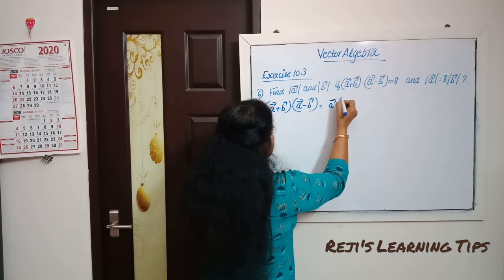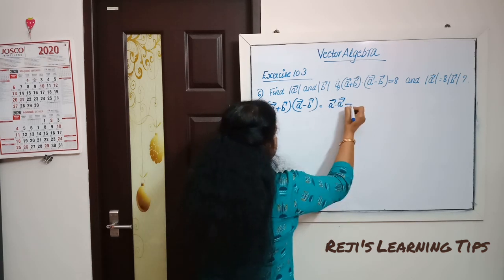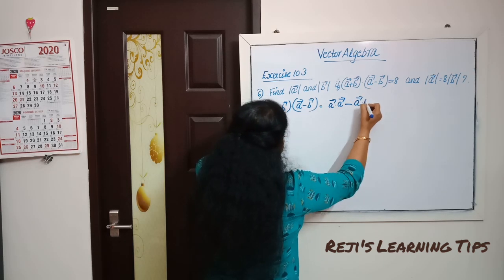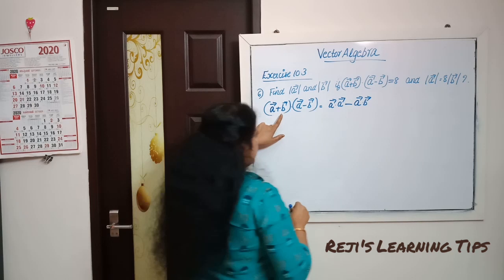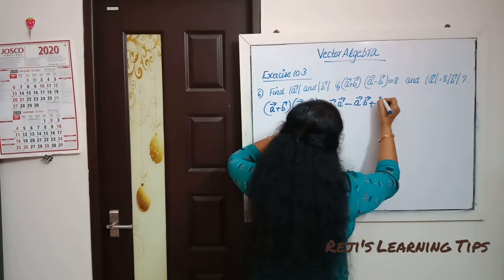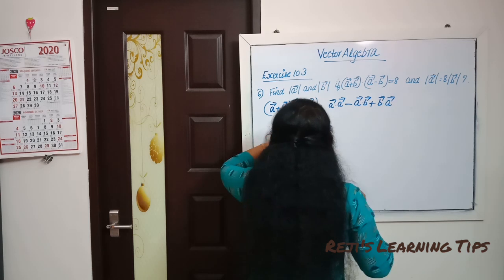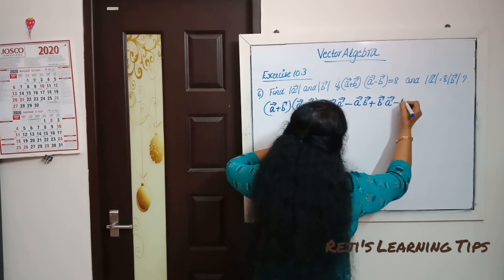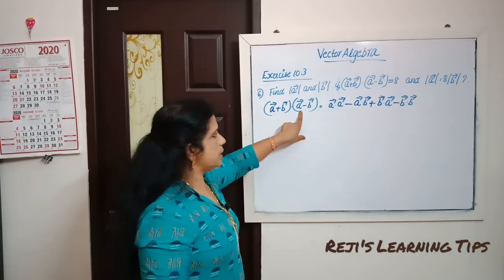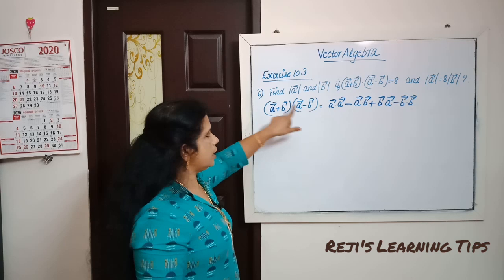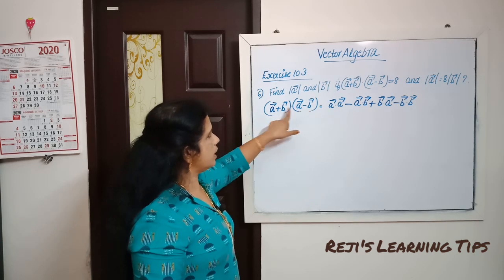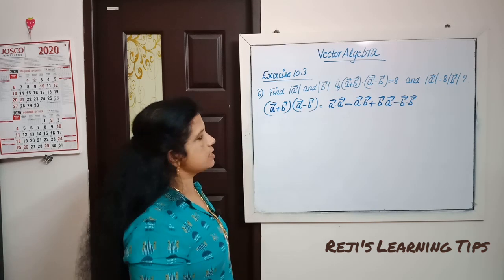A dot A stays A dot A, A dot minus B means minus A dot B, B dot A stays B dot A, and minus B dot B stays minus B dot B.